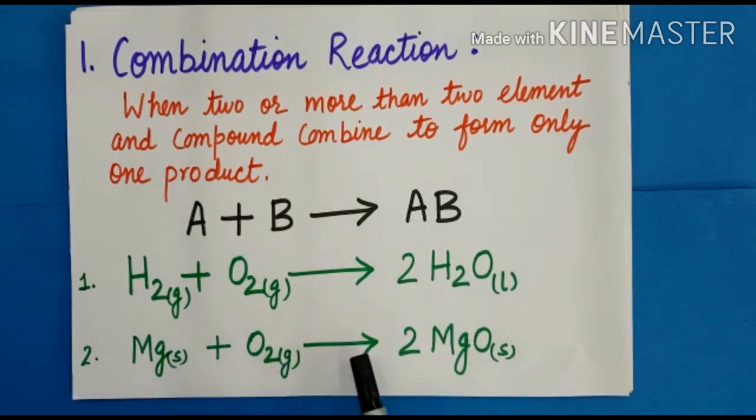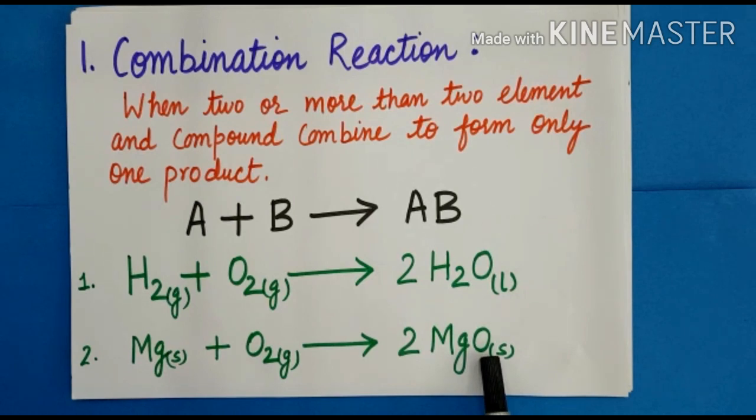Mg and O2 give one single product, that is magnesium oxide. And the compound is formed according to their valency. Not like this, that Mg plus O2 gives MgO2. This is wrong. So MgO, magnesium oxide, is formed according to their valency, that you have already learnt in 9th class, how to make a compound.